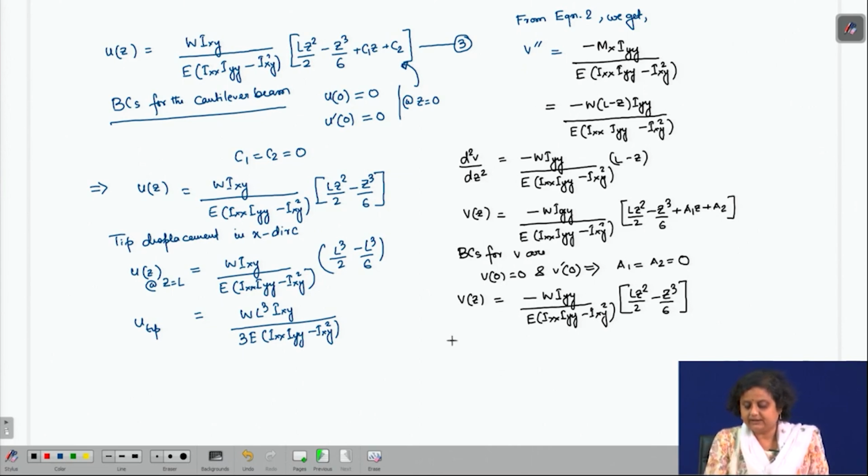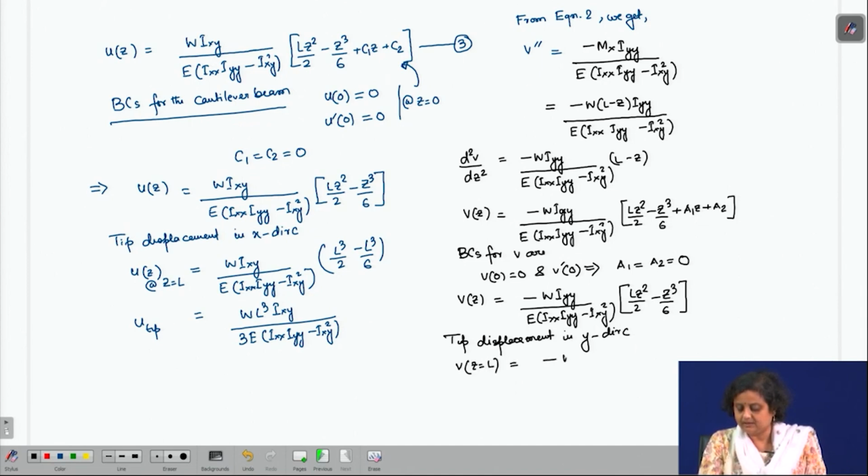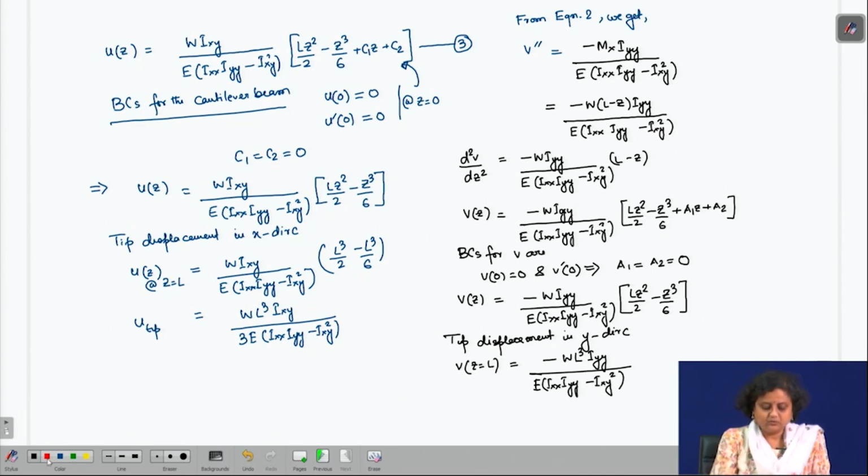So therefore, the tip displacement in y direction is given as V at z equals to L, and that is going to be minus W L cube Iyy by so on. So these are the two expressions.